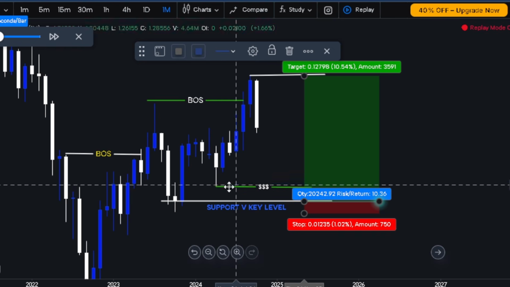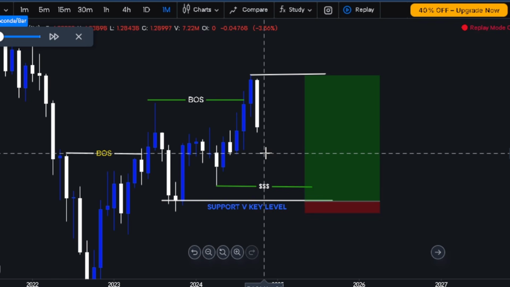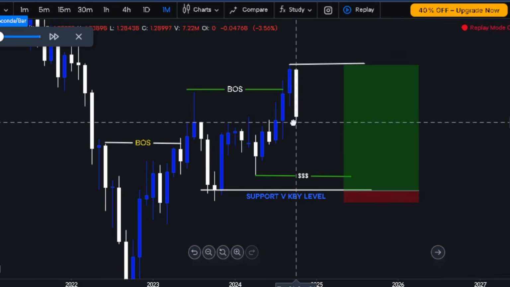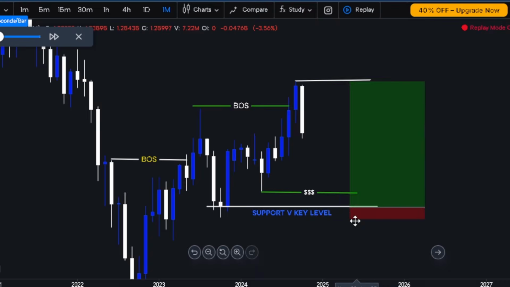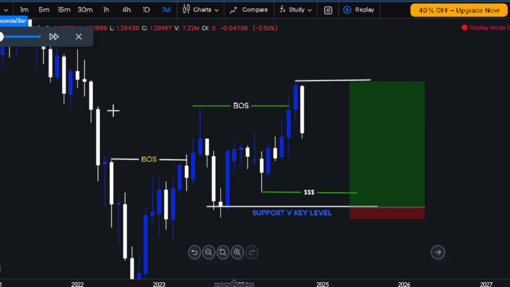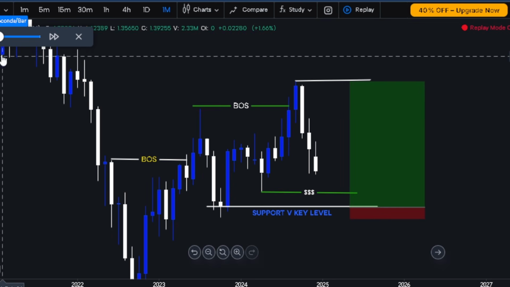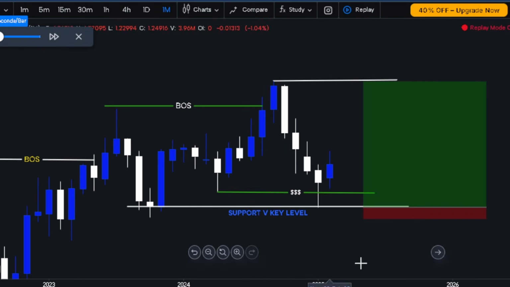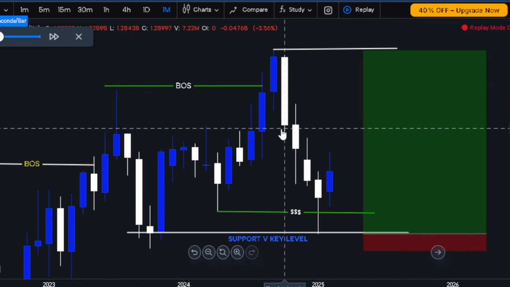This one is a good 1 to 10 risk reward ratio. And once you narrow it down to your lower time frame, like the 15 minutes, this one could even be a 1:20 risk reward ratio once you refine that stop loss, entry and your target. So now when I play price, this is the monthly time frame GBP USD. You just notice how clean price comes into our zone, taps into that particular key level.